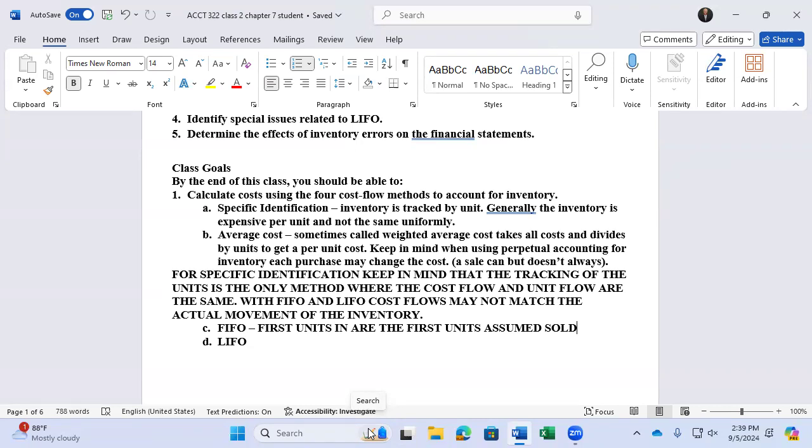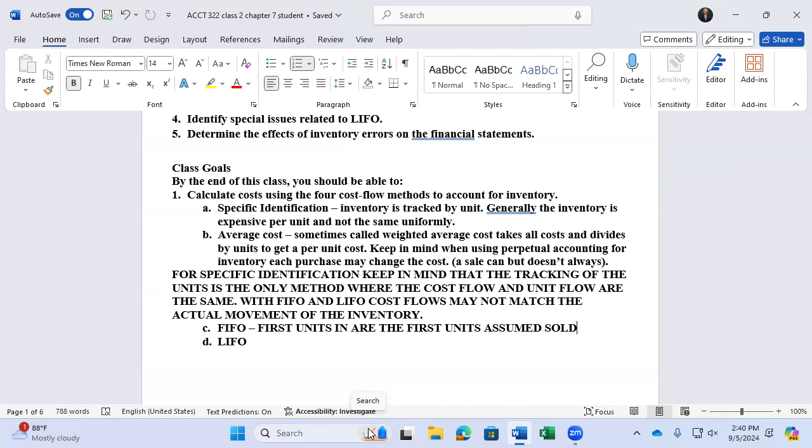With LIFO, it's called last in, first out. So you're going to start with this inventory here and work your way backwards, until, let's just say, we get to the beginning inventory. It's easier to do with periodic because you just make the calculations at the end.